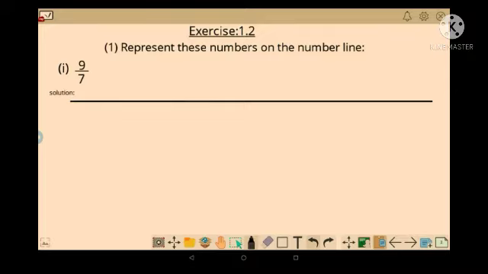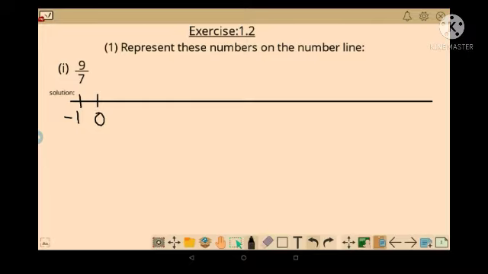Okay, so on the number line, firstly we have positive numbers here, so we will take 0 here because we don't have a negative number here. But also we need to mark it on the number line, right? So here it is -1 and here it is 0.